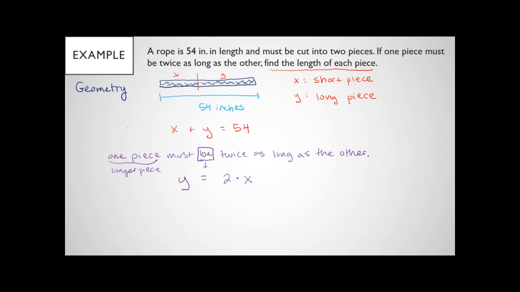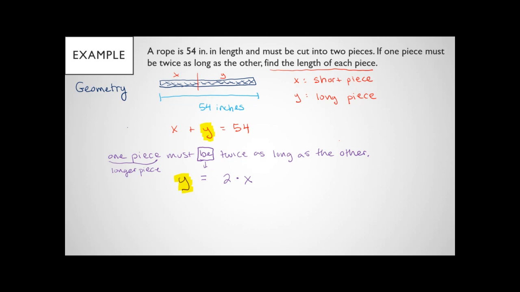Once you've translated every sentence, we translated the first sentence in the problem, we did the second sentence, now we need to actually do the solving. So this is a little trick here. From what I've translated, y is equal to 2x. So I have a y in my first equation, I have a y here.